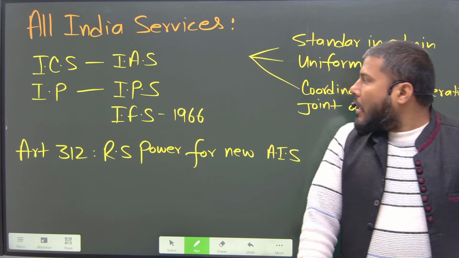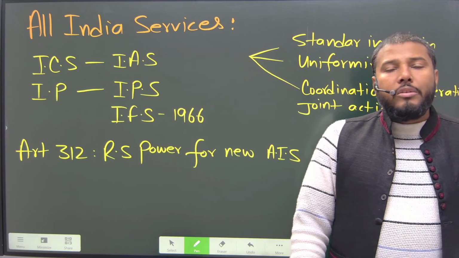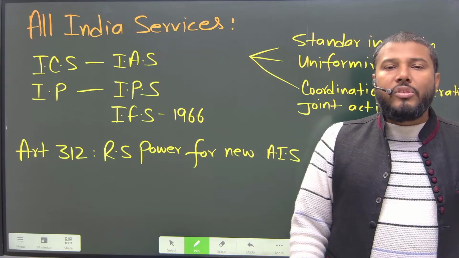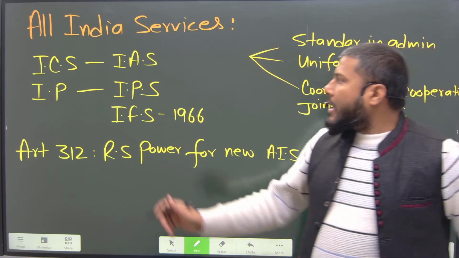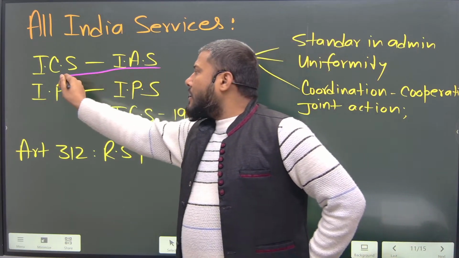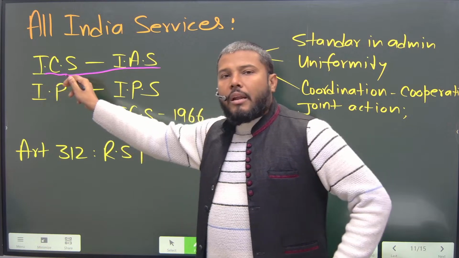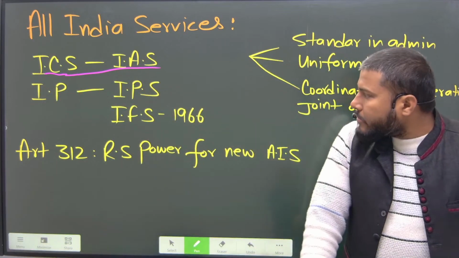Right. So during the commencement of the constitution or during the British rule, the Indian Civil Services were very popular. So Indian Civil Services were renamed Indian Administrative Services. Earlier ये Indian Civil Services करके इनका नाम था, and now the name is the Indian Administrative Services.